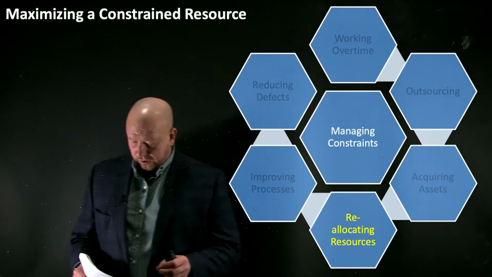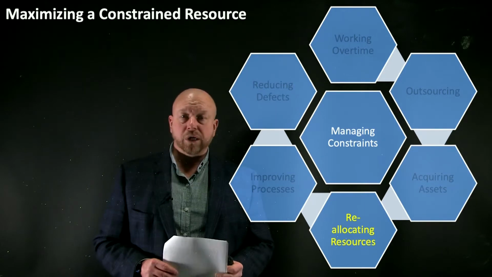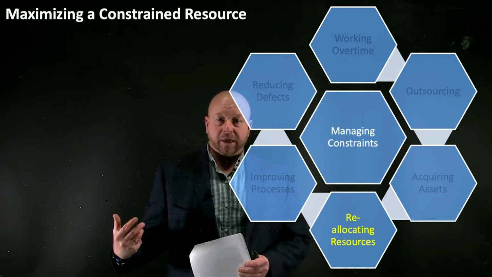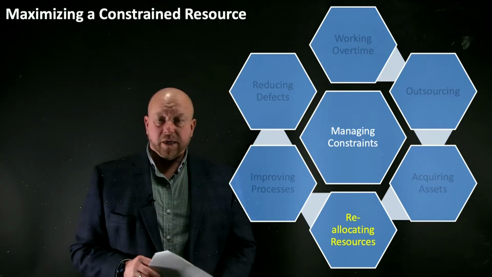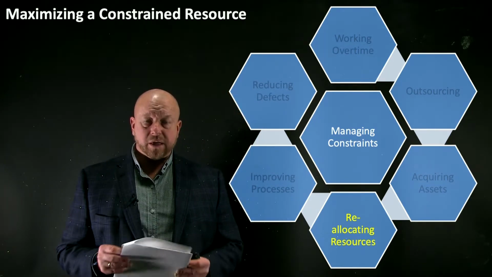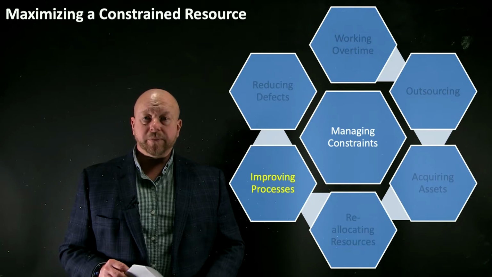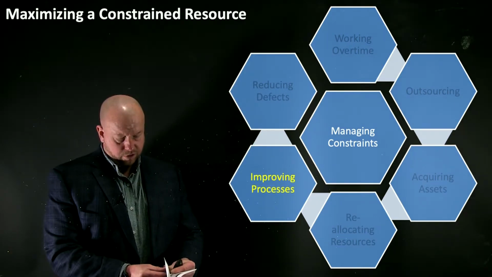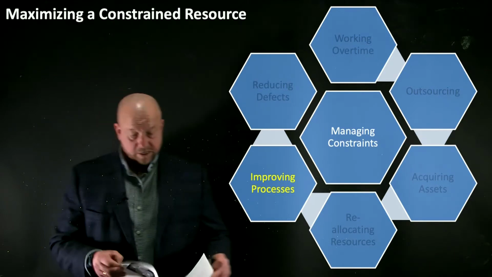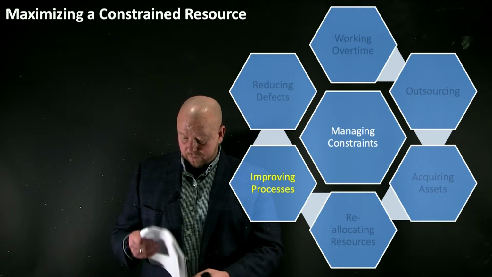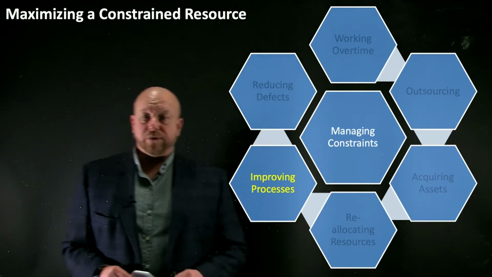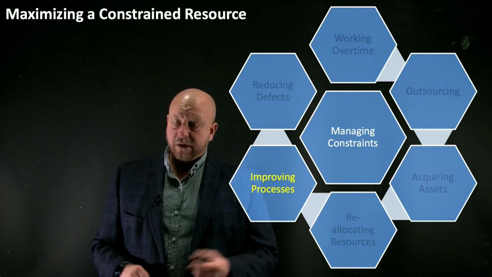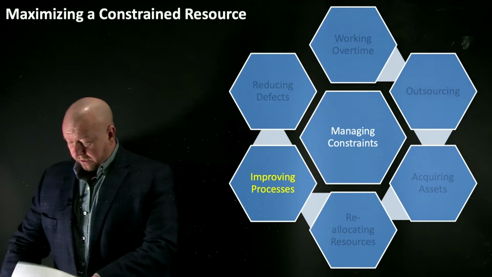So what we could do is shift workers or other resources from non-bottlenecks over to bottlenecks, and at least in the short run, that could fix our problems. Of course, improving processes overall sounds like a wonderful long-term solution, because if we're going to make things better, this could improve the throughput, could improve the efficiency at the bottleneck, and of course, that could only help things overall.